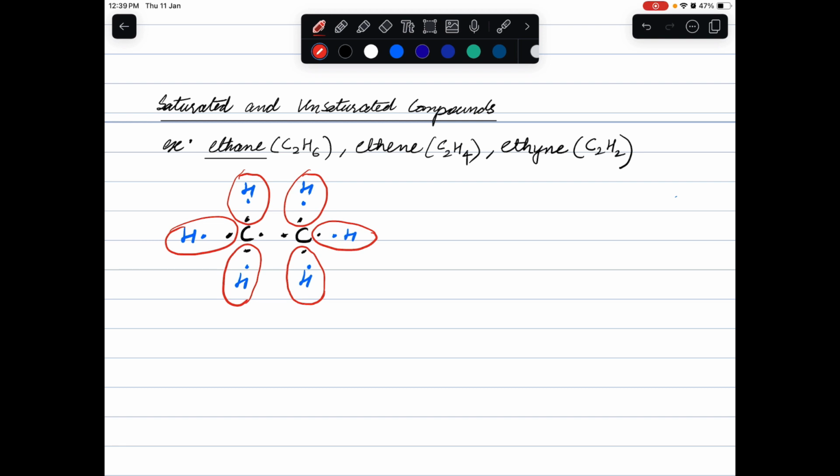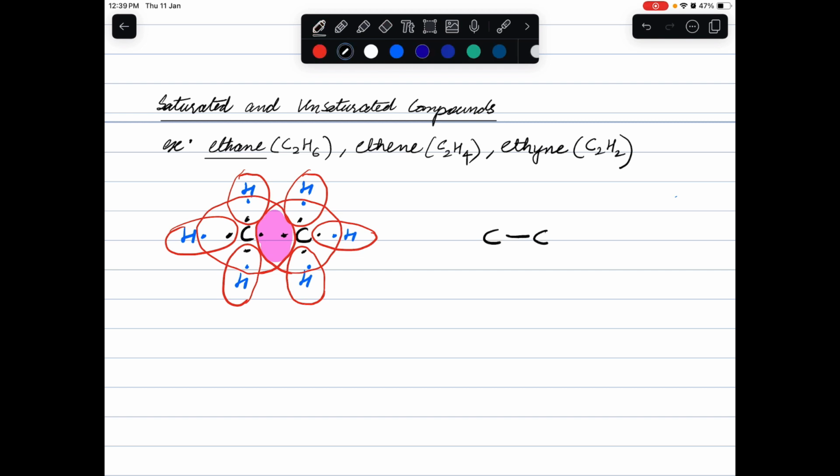Now carbon needs 4 electrons, so it will share 3 electrons, 1 from each hydrogen, and the 4th electron it will share with the neighboring carbon. Same is the case for the second carbon atom, and in doing so we are having 1 electron pair being shared between 2 carbon atoms. So we can show here we are having a carbon-carbon single bond.